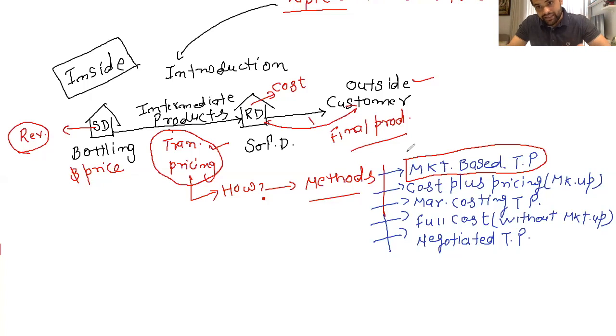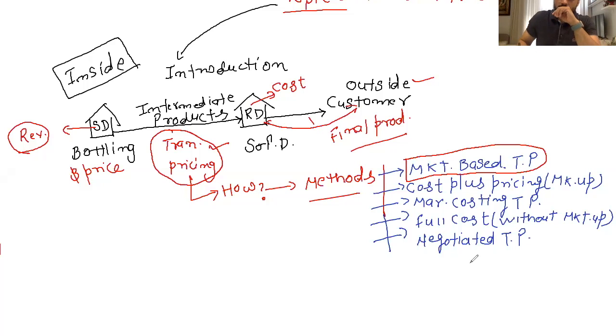So that's why this transfer pricing method is really effective. We call it the purpose of transfer pricing. At the end of completing all the methods, I will discuss the purpose of transfer pricing.